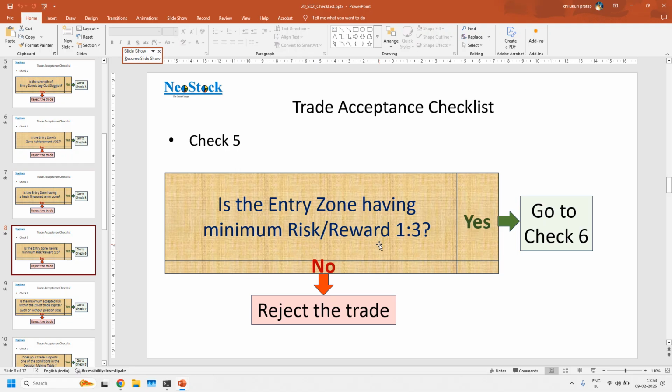But programmatically, if you draw maybe type 1, type 2 proximal and calculate the risk from there, you may not get 1:3 RR, and it rejects the trade. But manually, if you adjust your entry a few points below the type 2 proximal, you may achieve 1:3 RR. Those kinds of opportunities you will miss if you are filtering with the help of the machine.